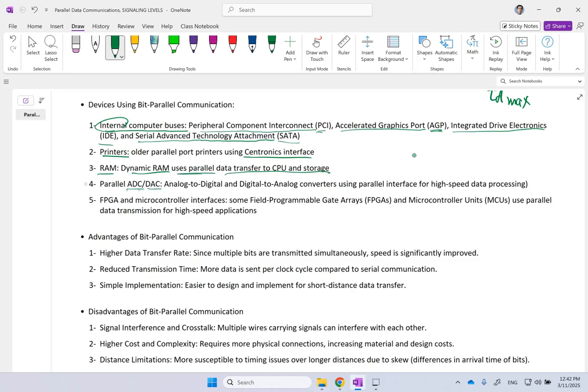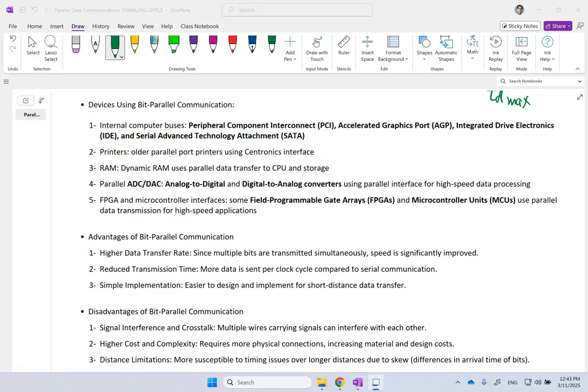Then we have A to D and D to A, correct? Analog to digital and digital to analog converters. That C stands for converter, and we use them a lot in control systems, and they typically use parallel communications, A to D and D to A, or ADC and DAC, for high-speed processing.